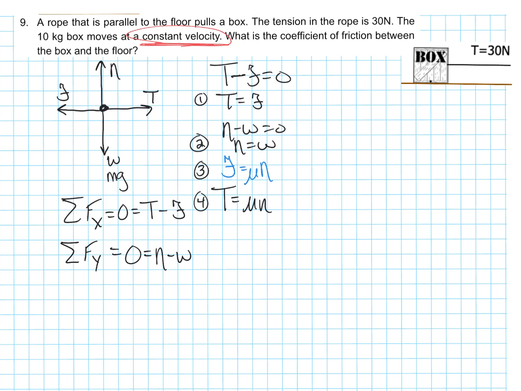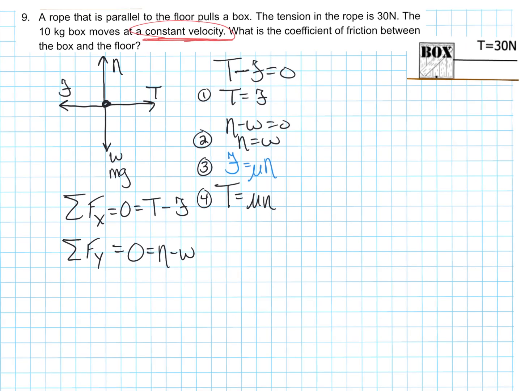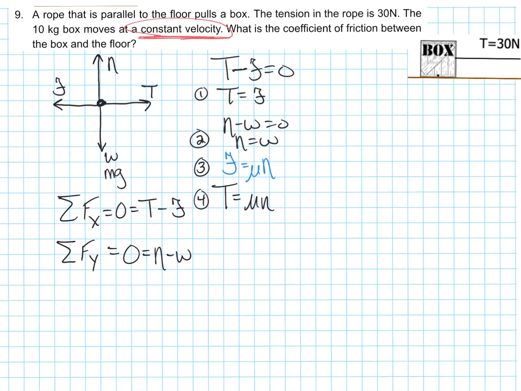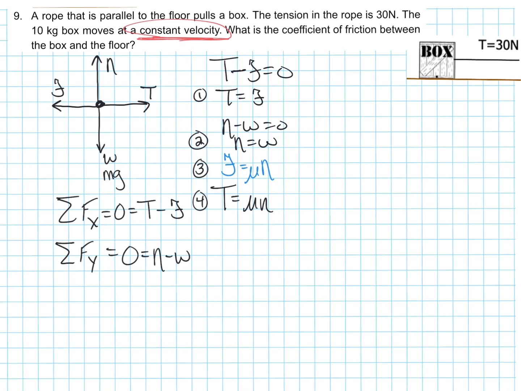Now, still, I have a problem. I don't know what eta is, but I know that eta is equal to the weight. So for my next equation over here, I'm going to say that tension is equal to mu times the weight, which means tension is equal to, oops, I shouldn't have done it like that really. Let me back up just a little bit here.